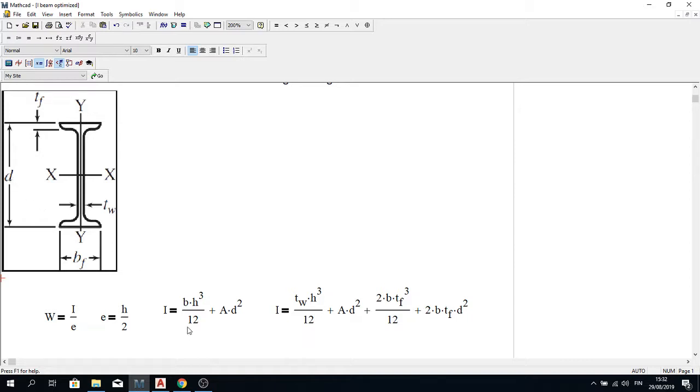And we all know the moment of inertia is BH cubed divided by 12 plus A D squared. In our case, first I have calculated this for the web.